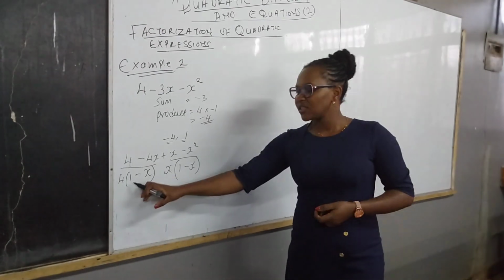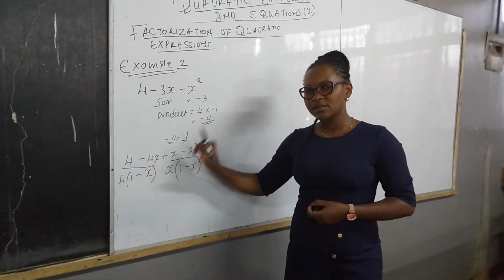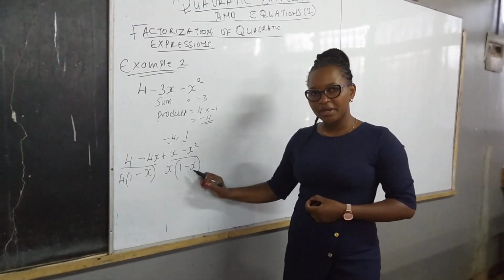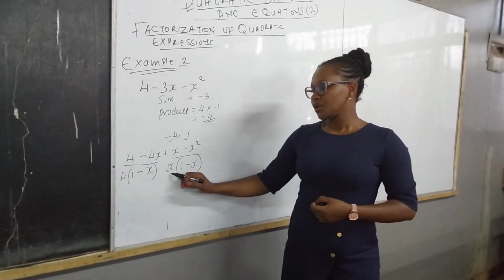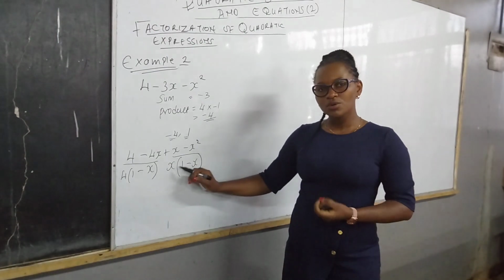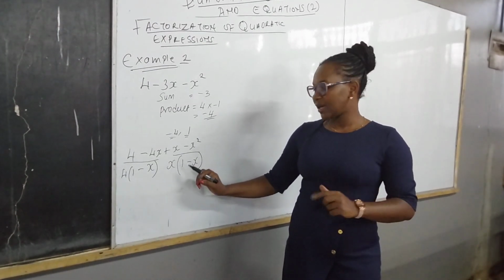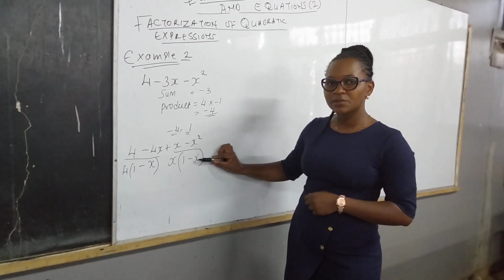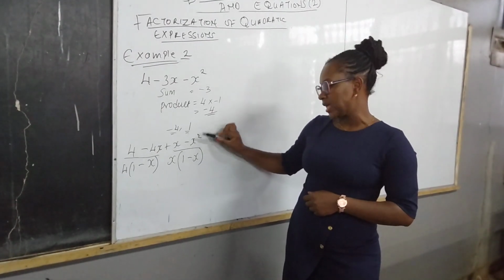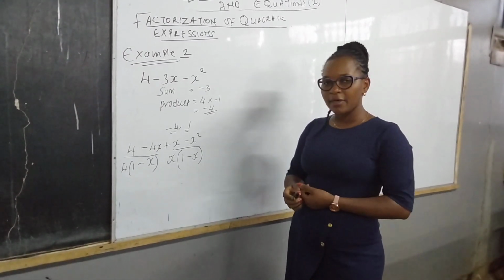Remember, whatever is in the first bracket must be the same as whatever is in the second bracket. So the coefficient of the second bracket here is x. So are we going to put plus or minus? Remembering that when you open the brackets here, this expression must be the same as our expression up there.